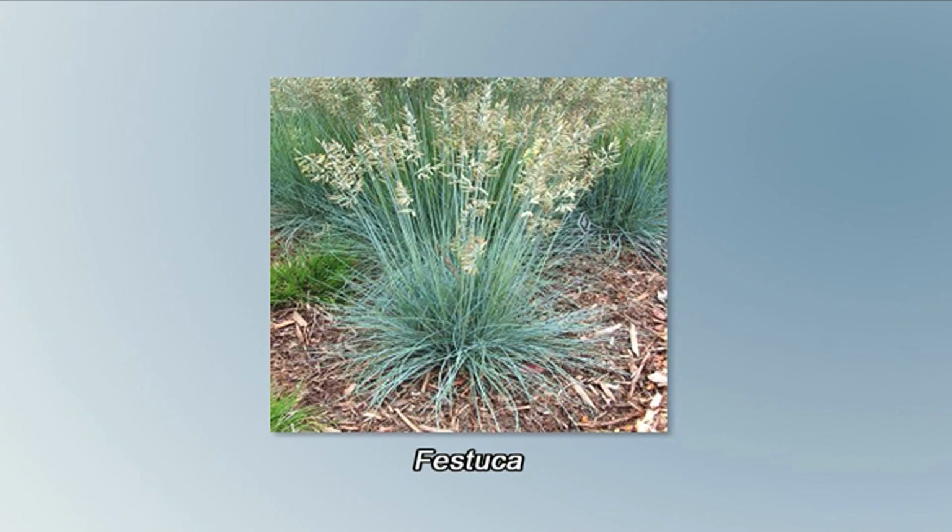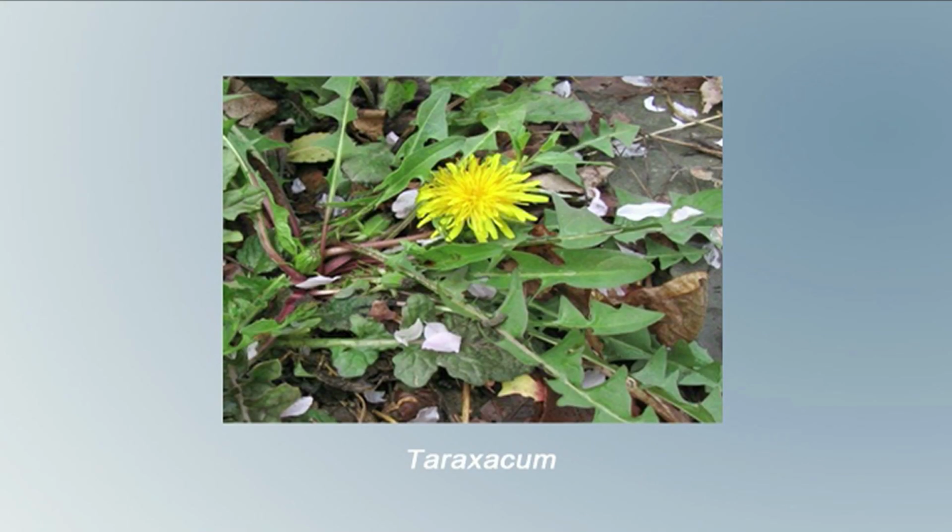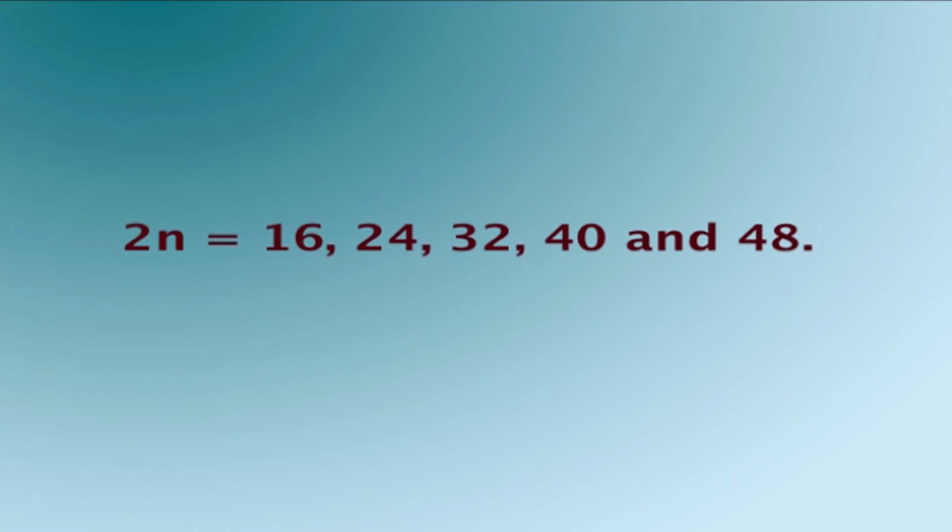Similarly, in the genus Festuca, there are species with 2n = 14, 28, 42, 56 and 70, the base number being 7. Another interesting example of polyploid series is found in the genus Pteraxcum with 2n = 16, 24, 32, 40 and 48.